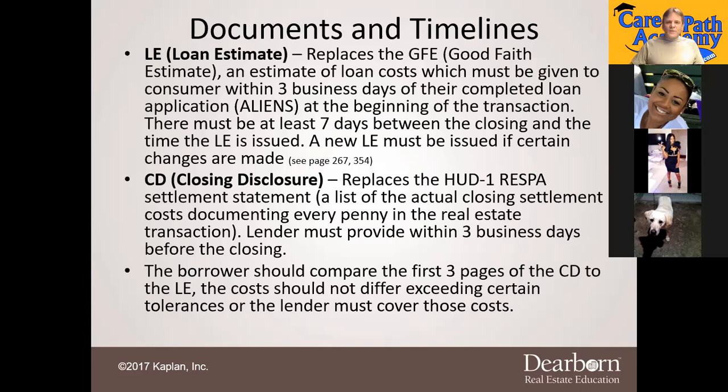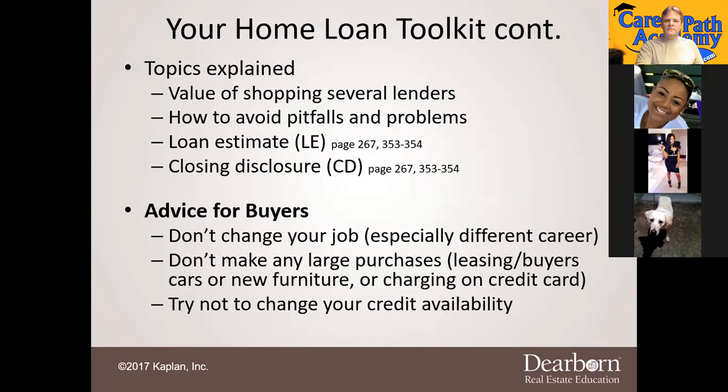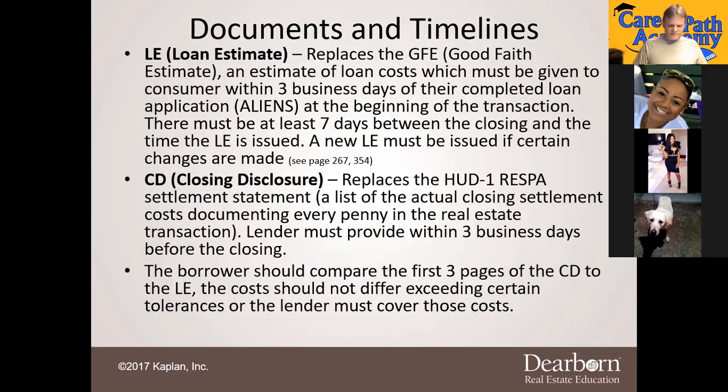All right, go to page 267. These are changes that would not trigger delays. Unexpected discoveries during the final walkthrough, or final adjustments of prorations for the taxes.